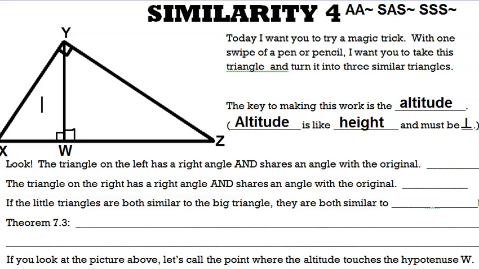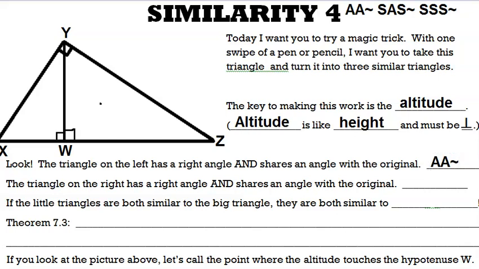Well, if you look at triangle 1, angle X is both in triangle 1 and in the big triangle. That means I could say that triangle 1 is similar to the original because of angle-angle similarity.